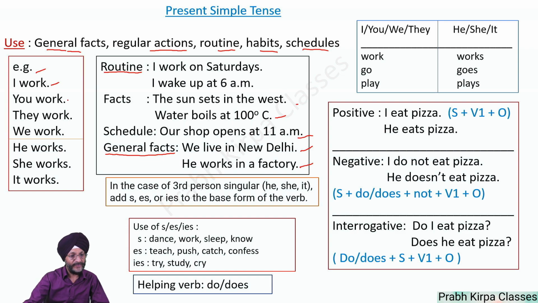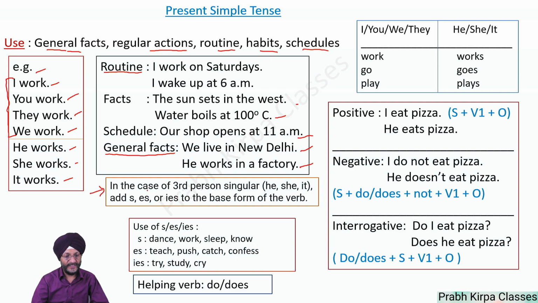I work, you work, they work, we work, he works, she works, it works. You will notice that in the above, from here to here, s is not mentioned. Why is this?